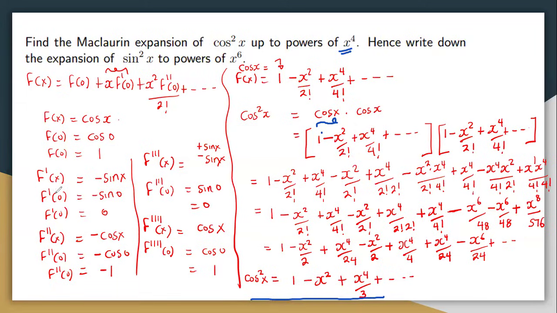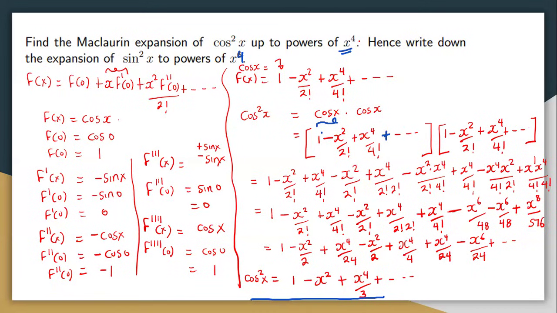Though here, members, allow me to tell you that for this expansion with x power 6, we can also end at 4, for one reason. If I continue to get another expansion here, there is something we are going to add onto this series.